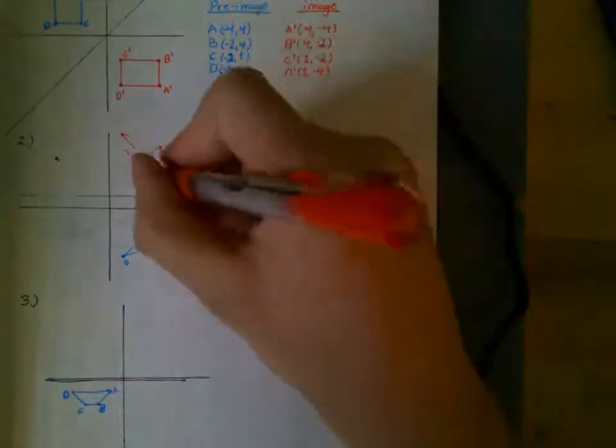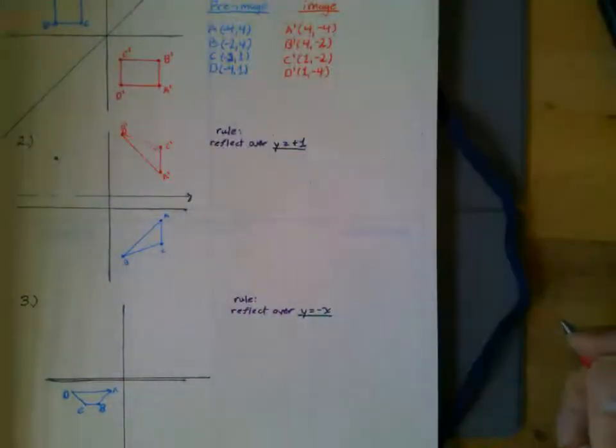Okay, so here is A prime, C prime, and B prime.